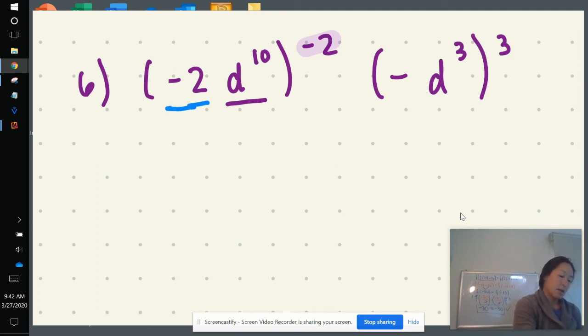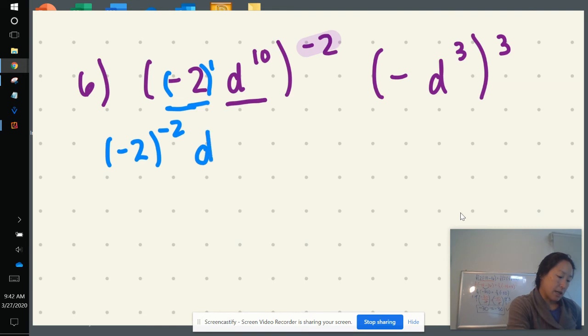Okay, so right now the negative 2 has an exponent of 1. So I'm going to go ahead and start by doing negative 2 to the negative 2 power, and then d to the 10th power times negative 2. So both of those powers get raised to the negative 2. Same with this one.